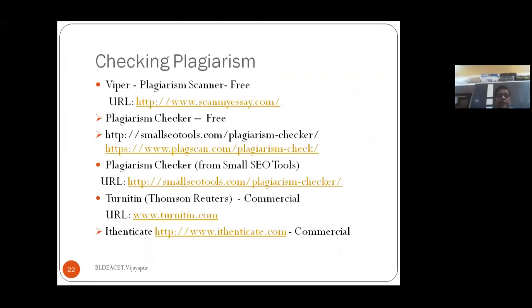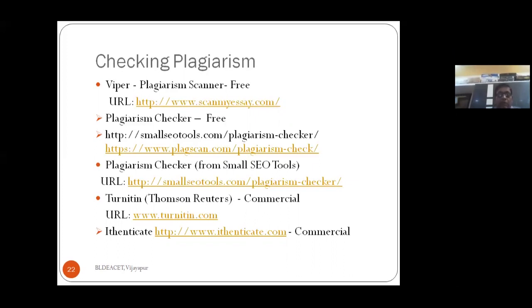So, checking plagiarism. There are so many plagiarism tools, like Paper, Plagiarism Scanner, and Plagiarism Checker, which are free. I already told you they are free, but the university or academic institution will not accept them. You can use commercial materials to check for yourself, but the results are not accepted by any colleges.